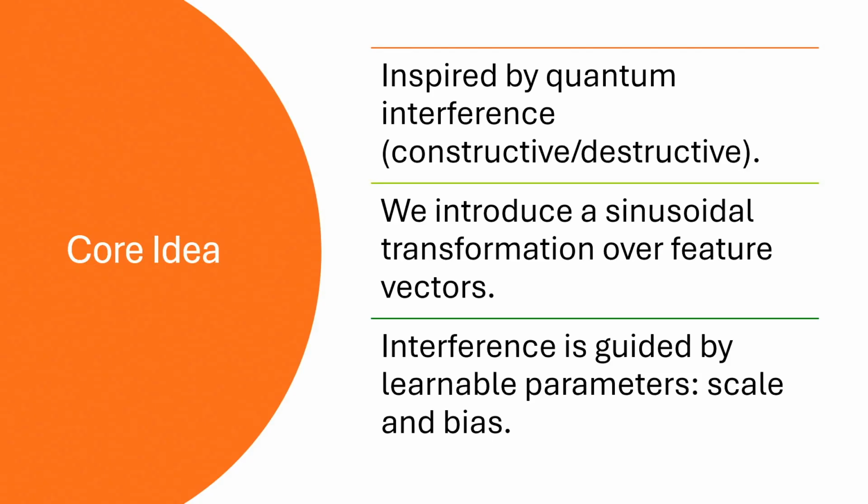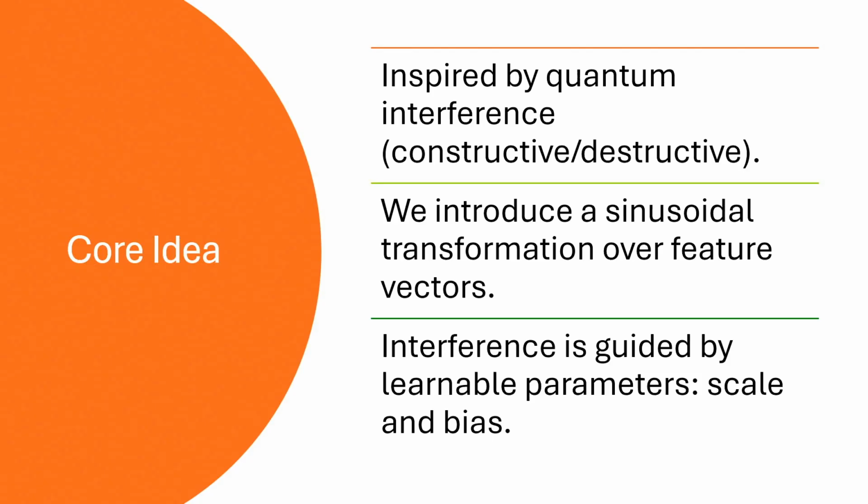When you're talking about classical attention, are you specifically talking about vision transformers? Instead of classical dot product multiplication, we're going to be using a sinusoidal transformation over feature vectors. Okay, so when you say attention, it has nothing to do with vision transformers? No, it does not have anything to do with transformers. We're not using transformer models or anything.